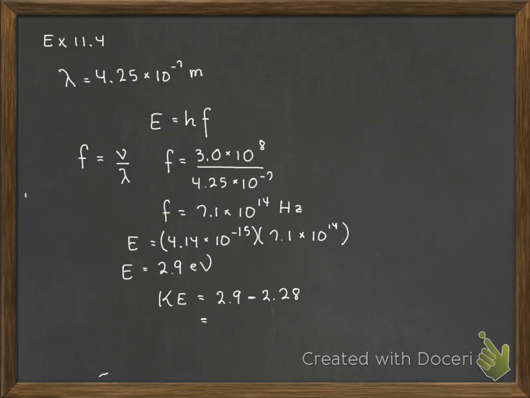So that's the amount of energy that the electrons will have when they break free, given enough energy from the light. So let's line this up over here. So 2.9 minus 2.28. And we are going to round right here.